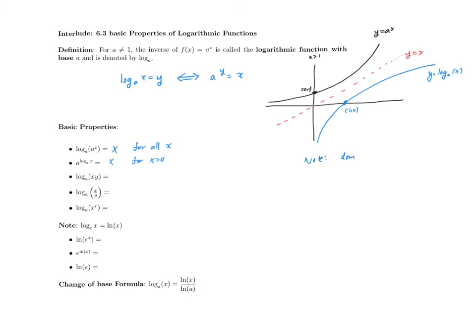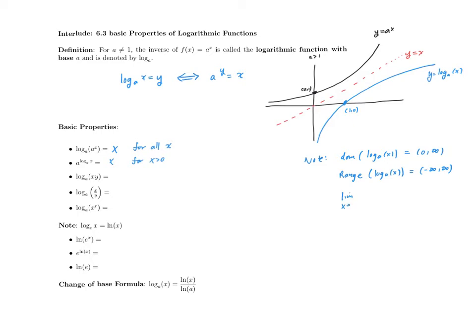The domain of the log base a function is going to be positive values, and its range is going to be any possible real number. So the range of log base a of x, all of those possible outputs, is all possible numbers. And then similarly, we can see a limit of interest.